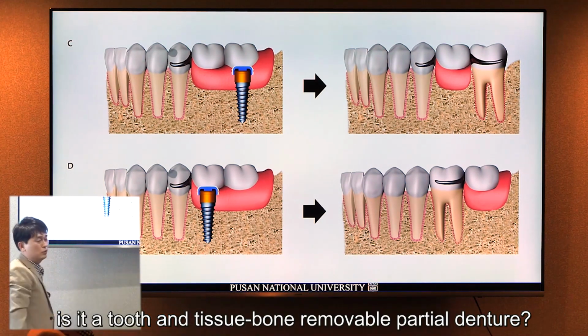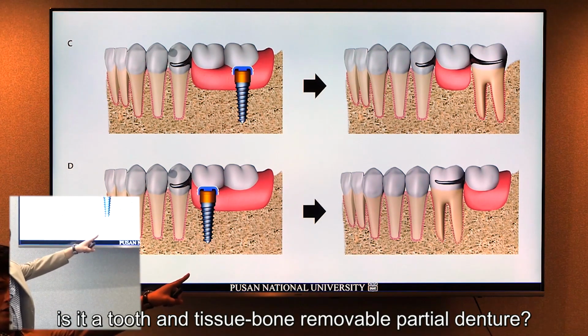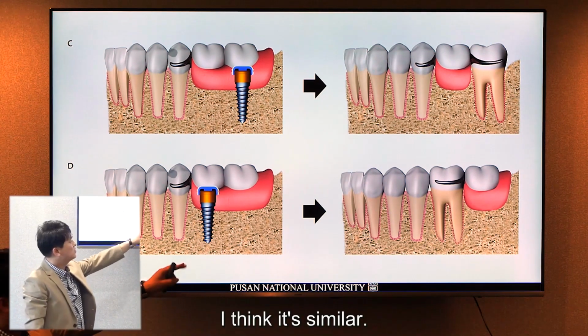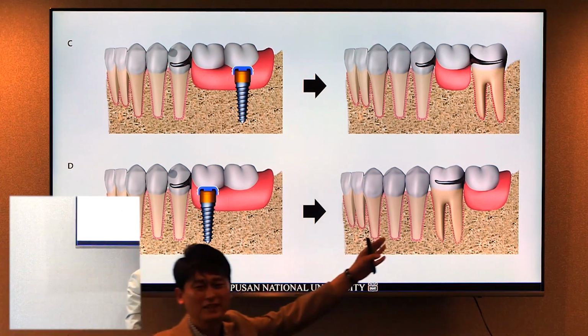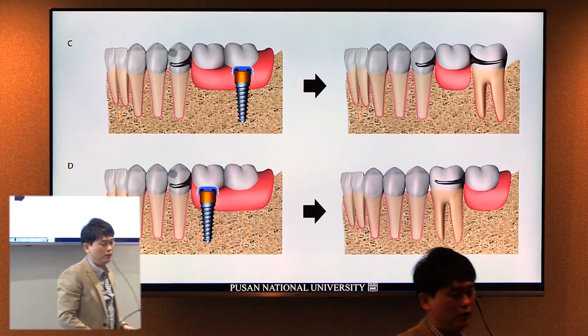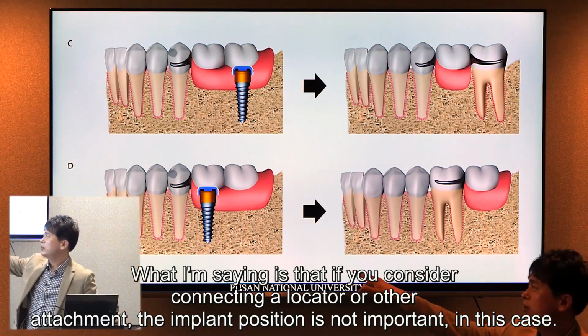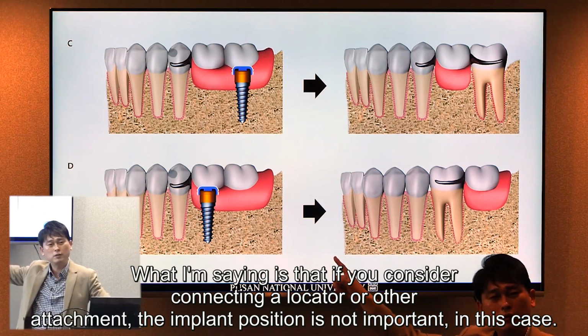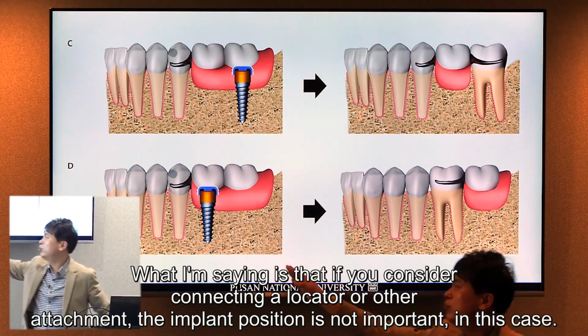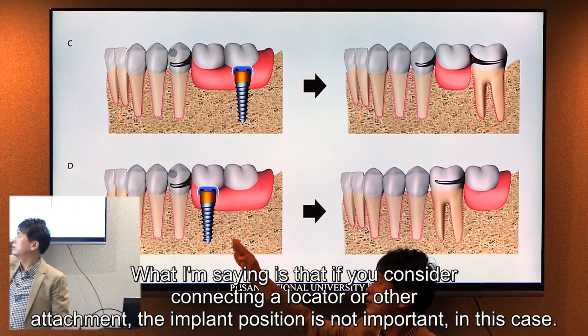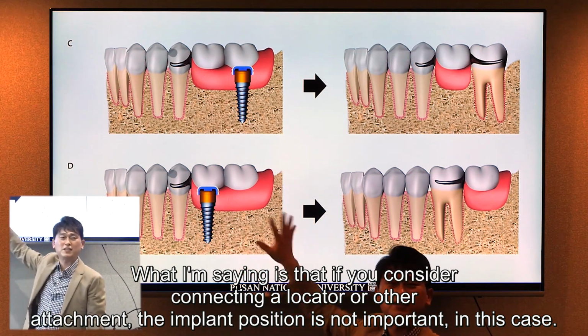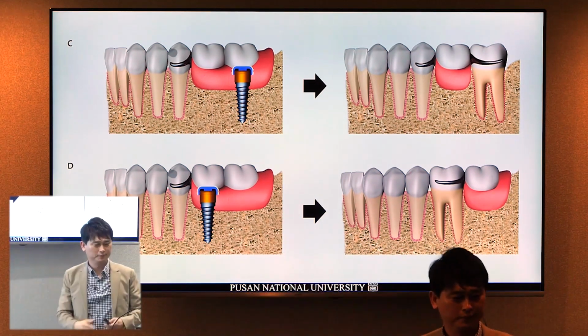Is it a tooth and tissue-borne removable partial denture? I think it's similar. There is no movement. So anyway, what I mean is, if you consider connecting with the locator or another attachment, the implant position is not important in this case.